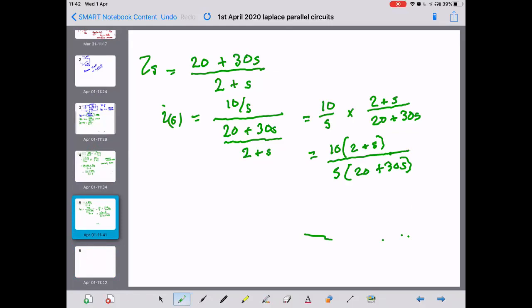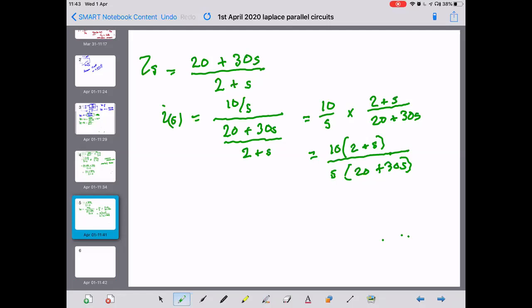What are we into now? What have we done in previous weeks with an expression like that? We've had a constant on top, but we've had a term like this below where we've got s times a bracketed term.